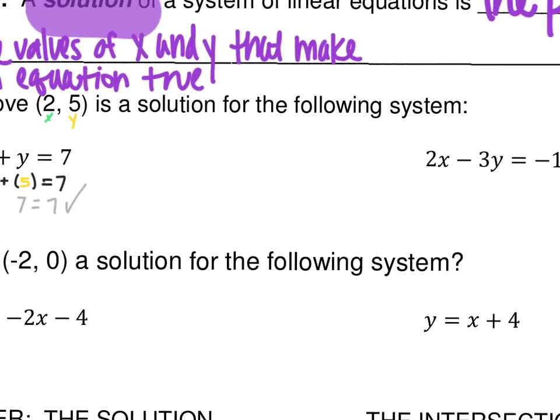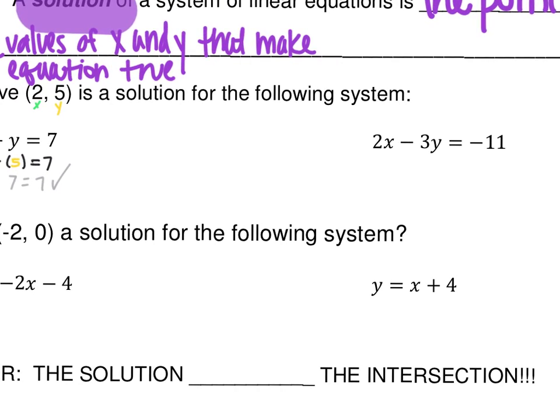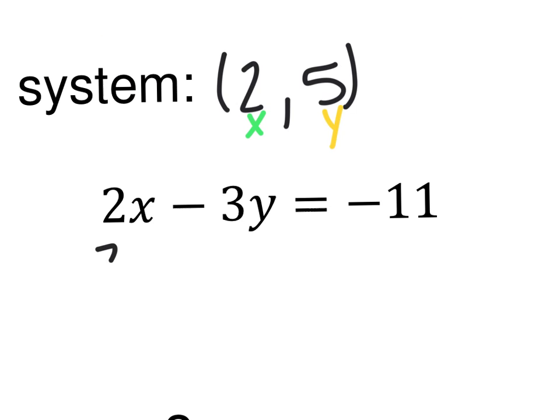It said 2x minus 3y equals negative 11. So instead of x, I'm going to plug in 2, because that's what it told me the x value was. I already had a 2, so this 2 is this 2, and x is now 2 because x was 2.